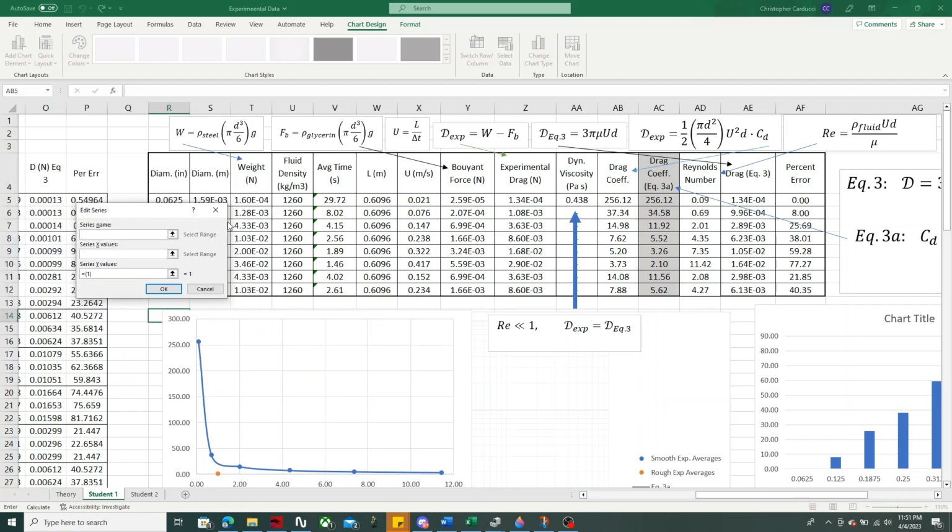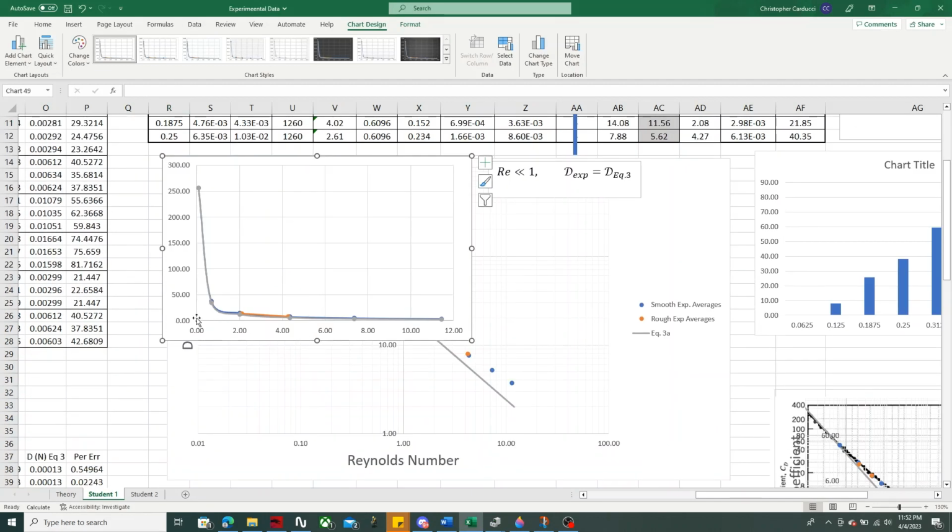And then we have our experimental rough, and those are just these values. There we go. And then we have our theory equation 3A. And for those values, we'll just do the smooth ones. We'll just plot that.